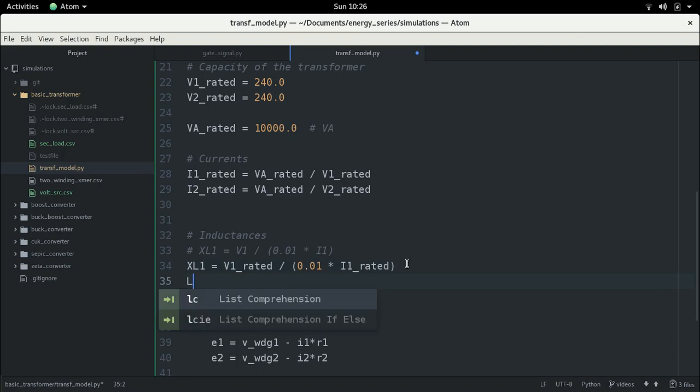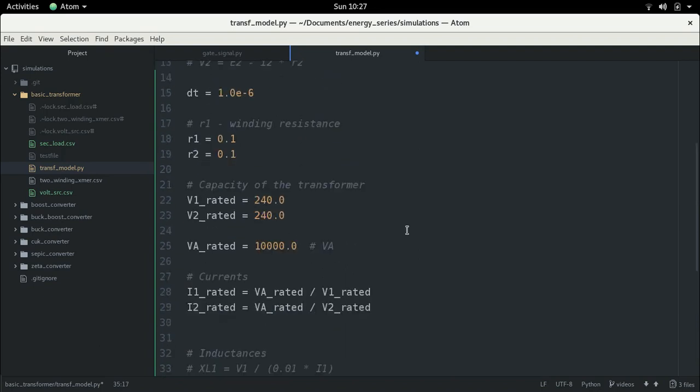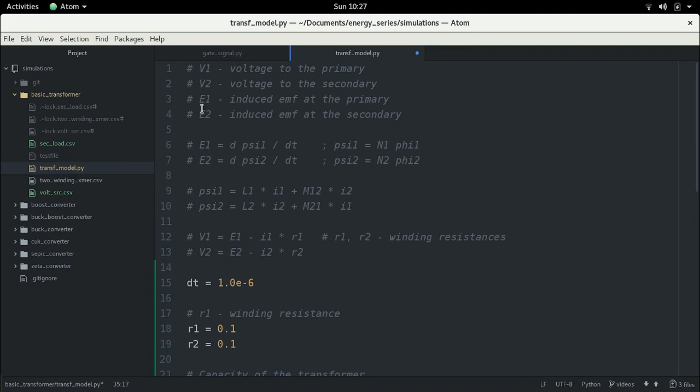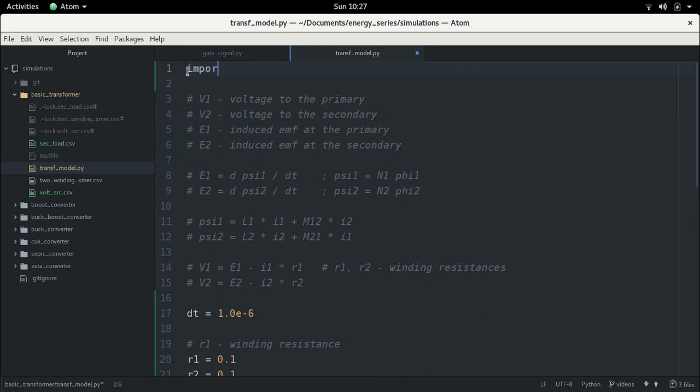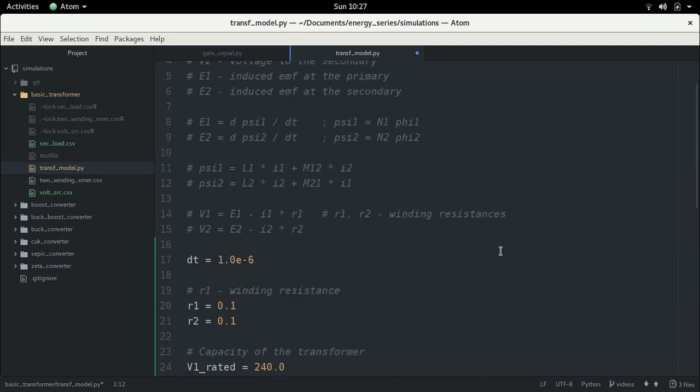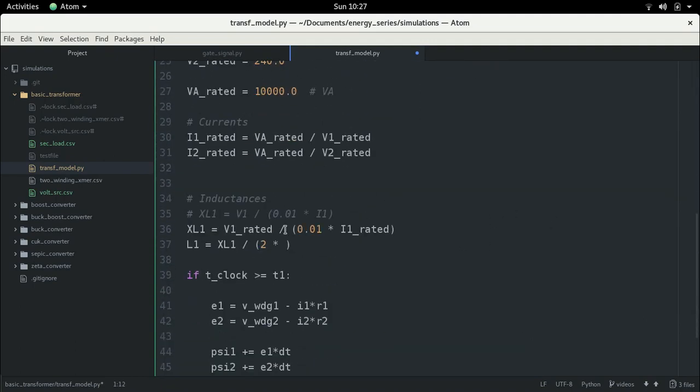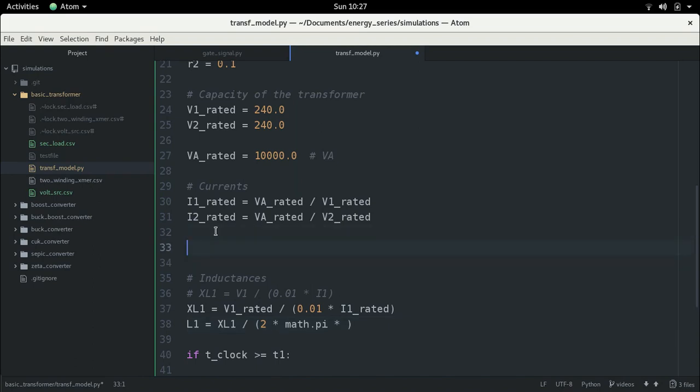So now that we have this, it's pretty easy to just define XL1 divided by 2 into pi. To get pi, I'm just going to import math all the way above, because pi is available there rather than me trying to write it. Math.pi into the frequency. Now the frequency, again, it's better to actually define it.